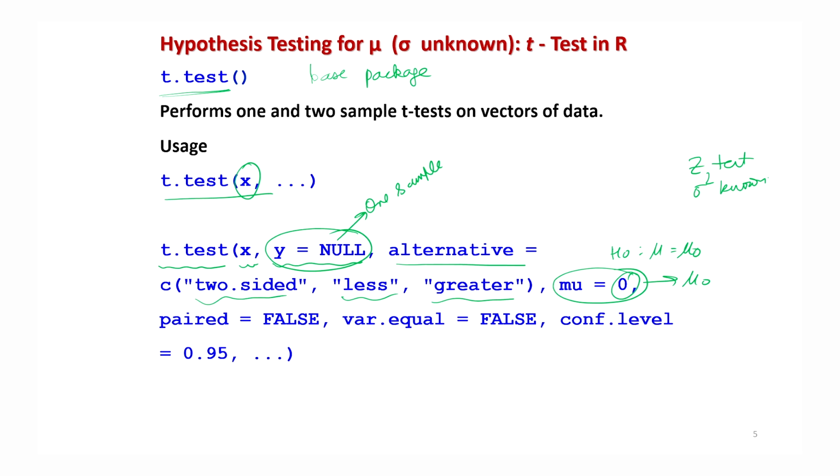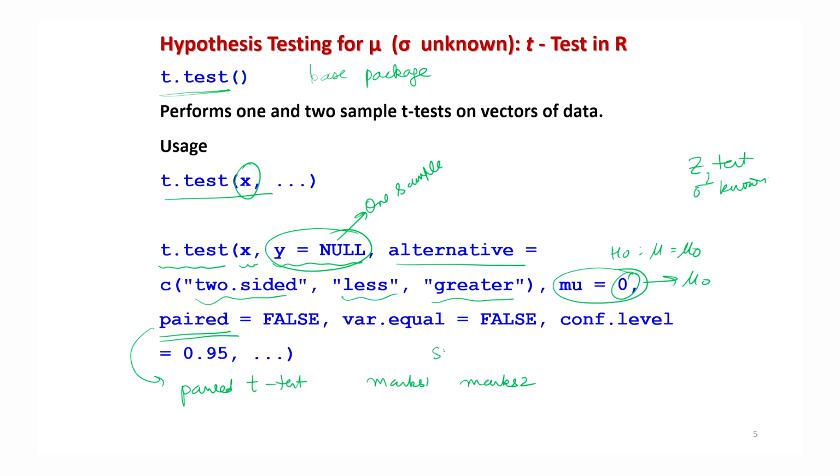It can be anything. Then we have here paired. We also have a paired t-test. That is possible in the case of two samples, when we get two sets of observations on the same unit. For example, if a student gets marks in a certain examination, suppose marks 1, and now that student is given some additional training, and then the examination is conducted once again and marks are obtained, say marks 2.